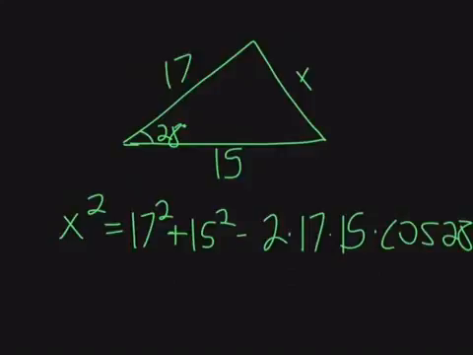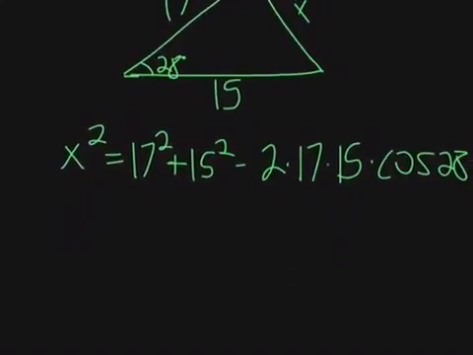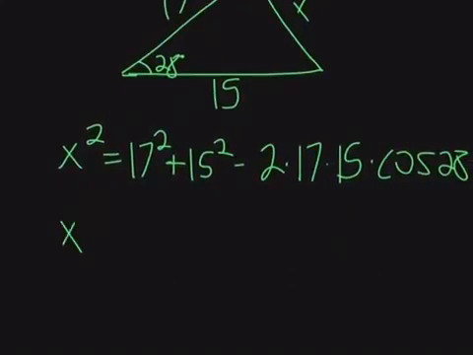So this seems like a lot, but trust me, it gets much simpler once we simplify it. So we can simplify that to x squared is equal to, I'm going to quickly use a calculator.